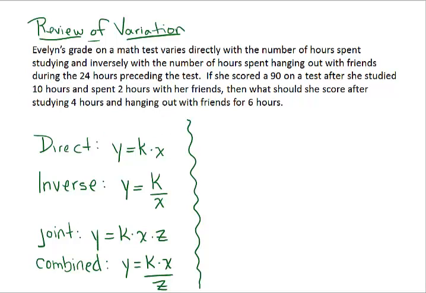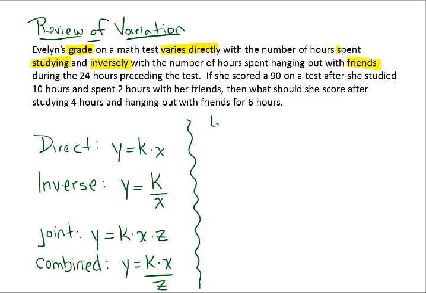Taking a look at this problem, we identify that the grade varies directly with the number of hours spent on studying, and then inversely with the number of hours spent on hanging out with friends. So the first thing I want to do is write out our general equation. To do that, we need to identify our variables.